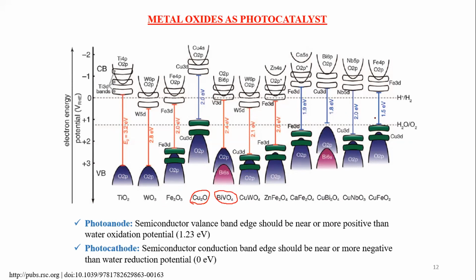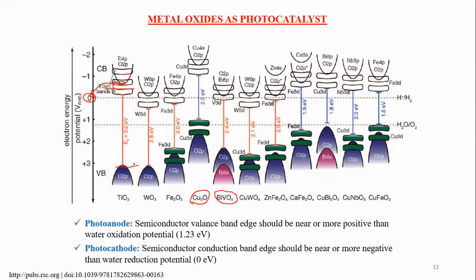Based on the band gap values, one important thing, besides the band gap value itself, is that the valence band and conduction band positions should be such that the conduction band edge is higher than the hydrogen redox potential. If it is higher, when you create electrons, they can easily transfer to the electrolyte medium and reduce water. Similarly, for the valence band, it should be 1.23 V to split water theoretically. Imagine this is 1.23 here.